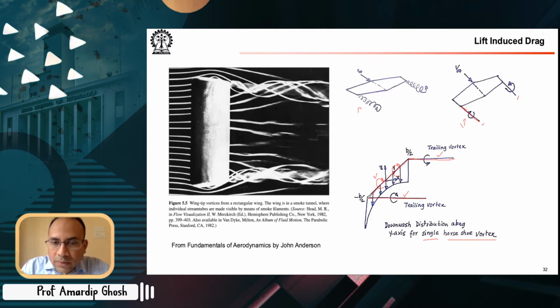Okay, sorry, I think I'm confusing. So vortex line and vortex filament. So these are the vortex tubes, you can think of it that way.